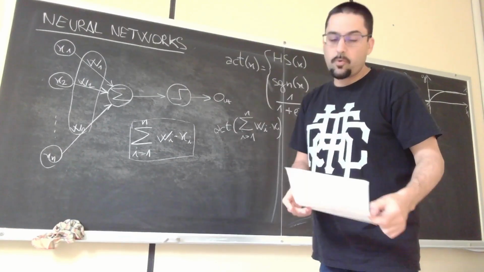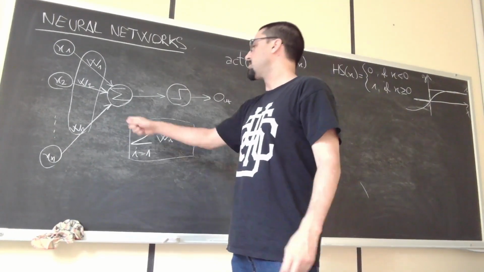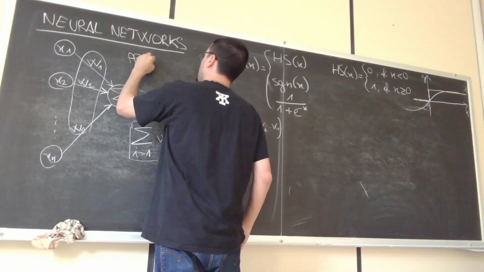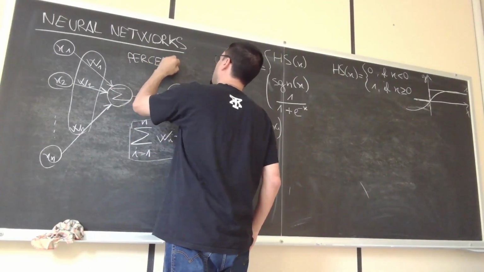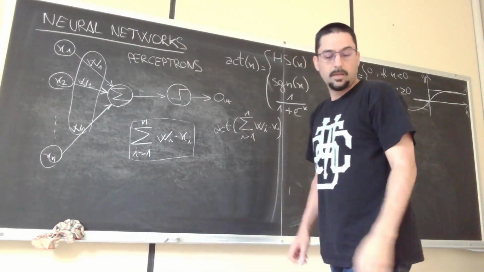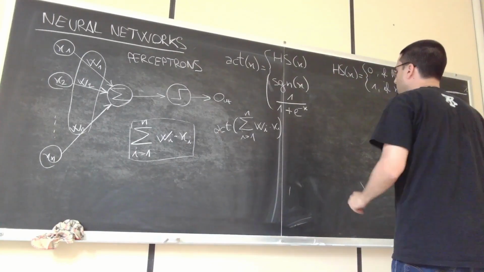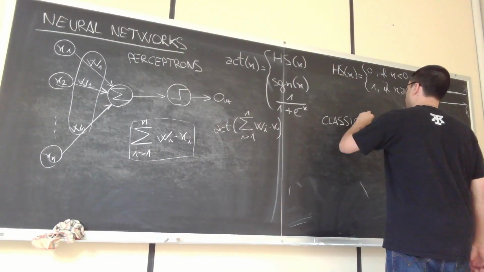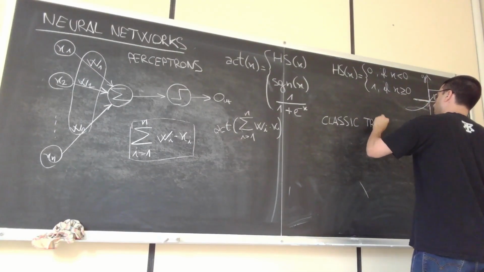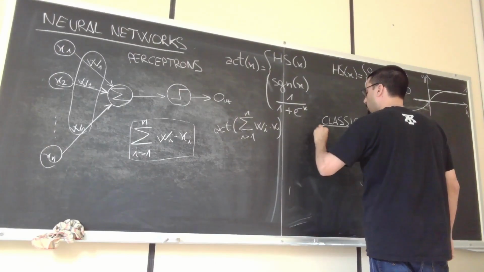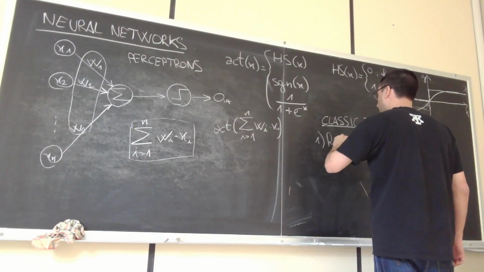And the classic way of training this kind of neurons, that are also called perceptrons in the literature, is something like this. Let's call it classic training. We start with random weights.